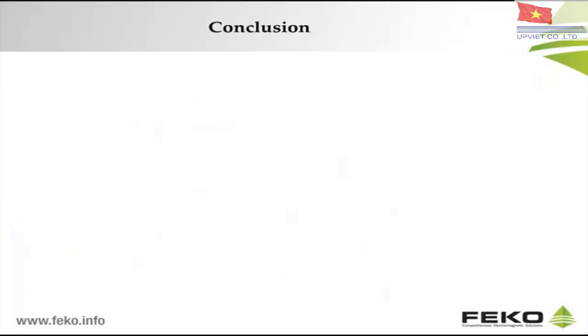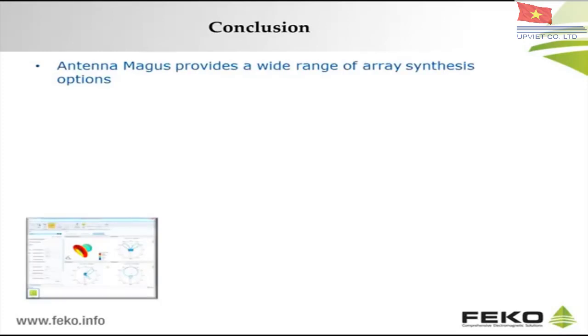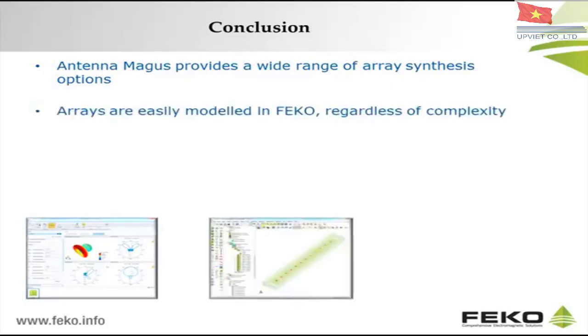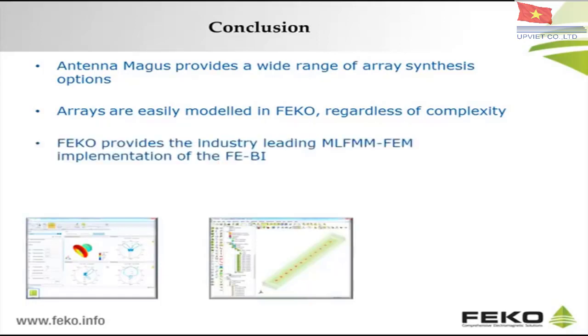This concludes the demonstration. We have shown the following points during the demonstration. Antenna Magus provides a wide range of array synthesis options, helping designers to quickly find the optimal excitation and geometry for a new array. Conformal antenna arrays are easily modeled in FEKO, with simulation results that compare very well with expected results.